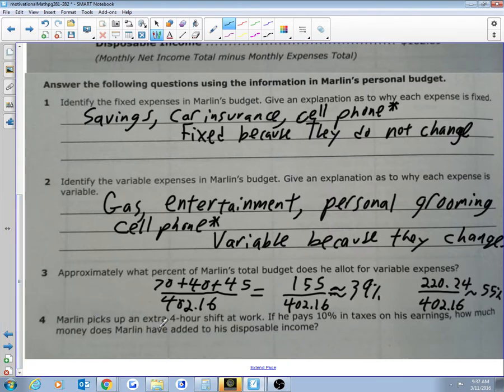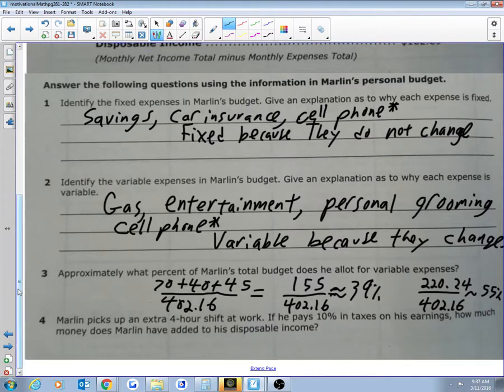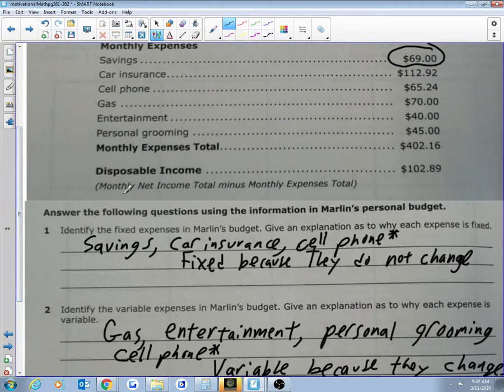Now, if he picks up an extra 4 hour shift at work, he pays 10% in taxes on his earnings. How much money does Marlon have added to his disposable income? Now, this book is considering disposable income to be monthly net income, that's after taxes, minus the monthly expenses. But according to the dictionary, according to Wikipedia, according to the internet, this is actually discretionary income.